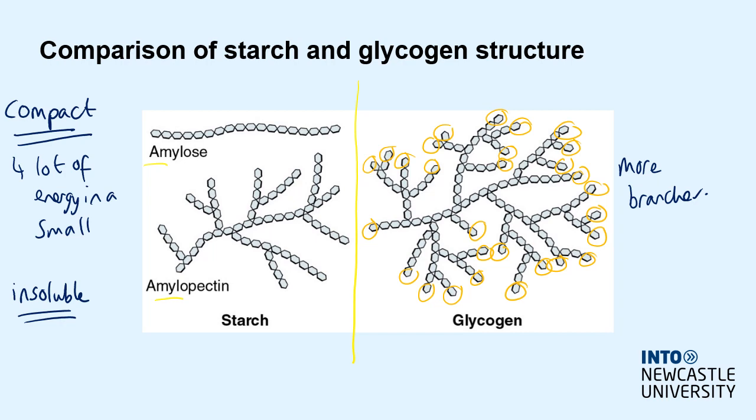Both starch and glycogen are insoluble under normal cellular conditions, and this means that they don't upset the osmotic balance. They're not going to dissolve and wash away. They're going to stay where they're put. So, for example, if you're a potato and you're storing your energy in starch, that starch will stay in the potato ready to provide the energy to make new potato plants.